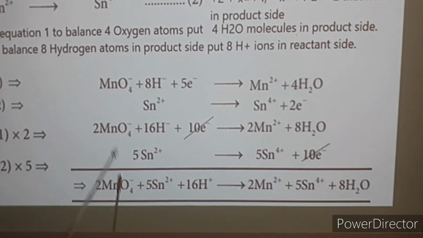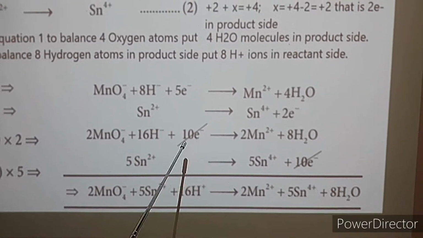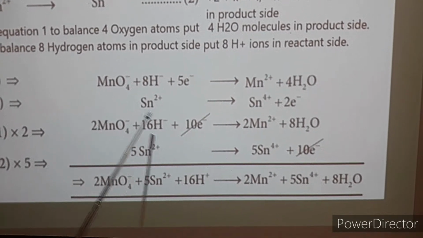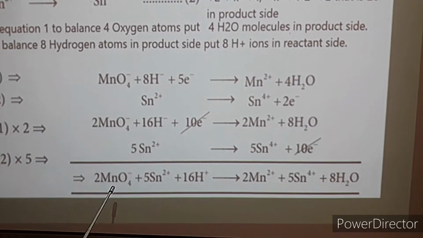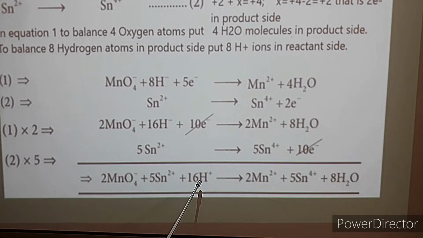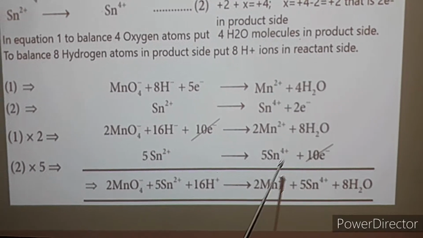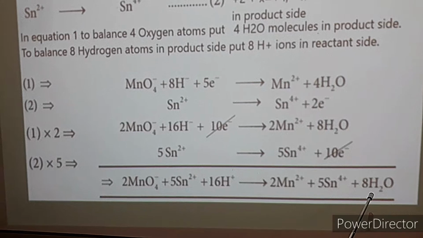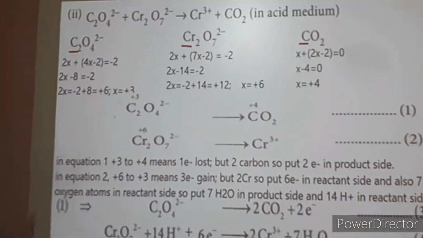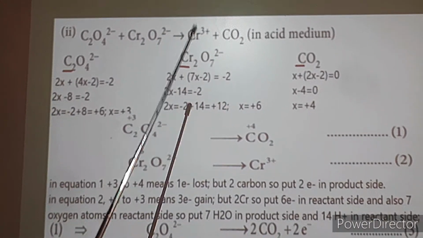Afterward, adding these two equations, the electrons are cancelled, and we write 2 MnO4 minus and 16 H plus and 5 Sn 2 plus, and also 2 Mn 2 plus and 5 Sn 4 plus and 8 moles of water. This is the second equation.